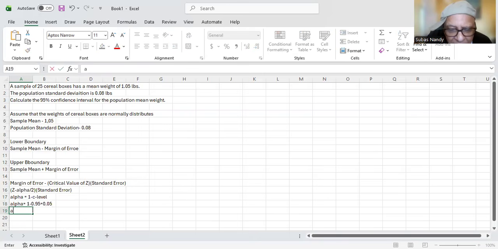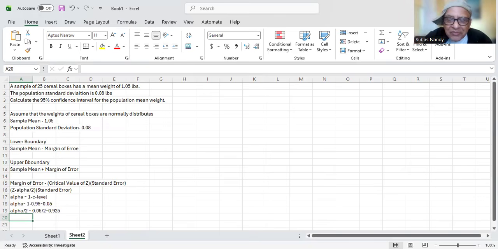So alpha by 2 in our case is equal to 0.05 divided by 2, which is equal to 0.025.